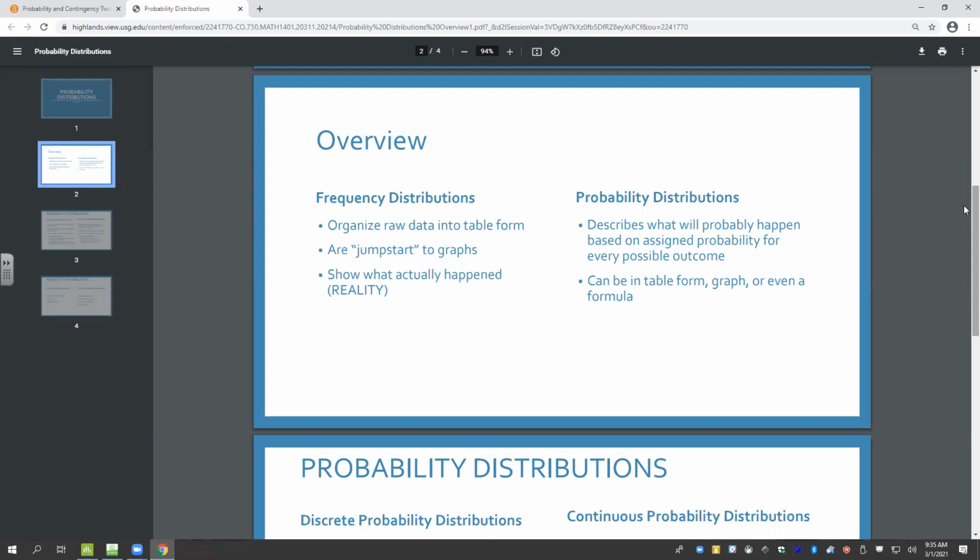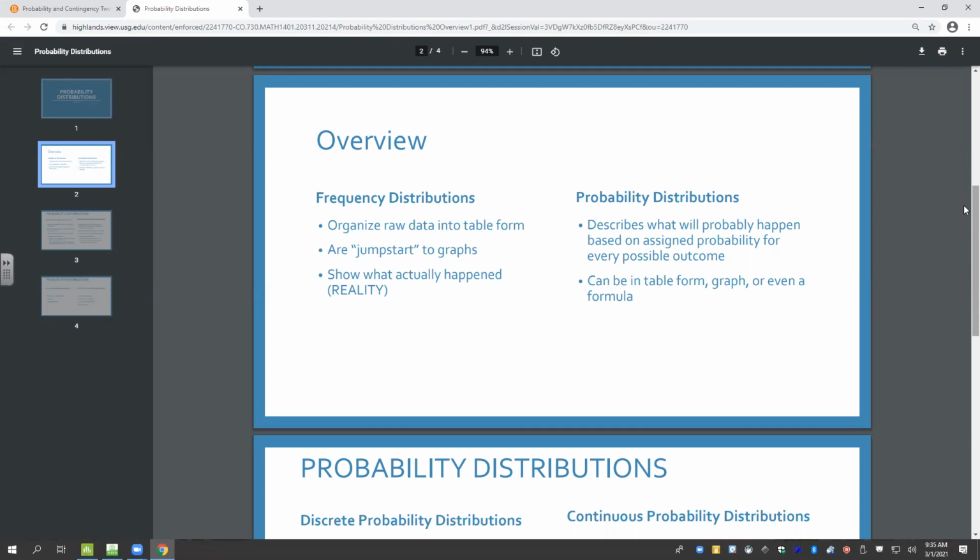We also talked about how to create a grouped frequency distribution at the beginning of Module 2 with quantitative data. The idea behind a frequency distribution is we're taking the raw data, the data that we really went out and collected, and organizing it into a table.